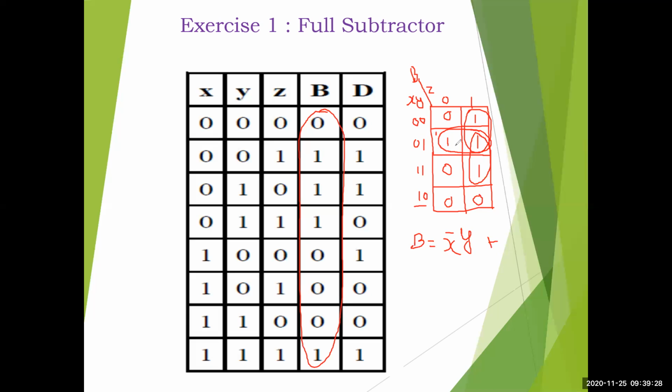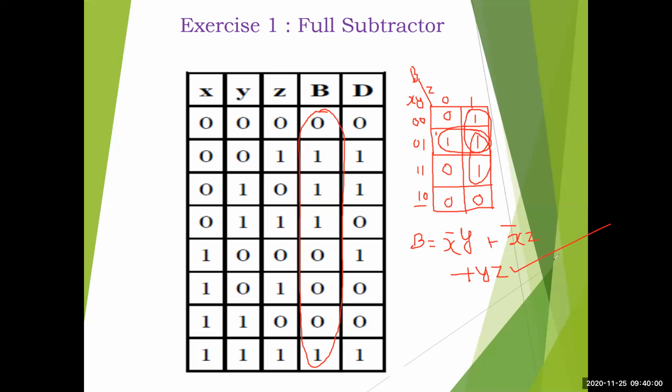Then this one: here y will be cancelled out, x will have the bar, that's why x bar, and you have z, so x bar z. And this also has z, but now x will cancel out, so you'll have yz. The expression they have given, to verify, is x bar y plus yz plus x bar z. The answer is the same.